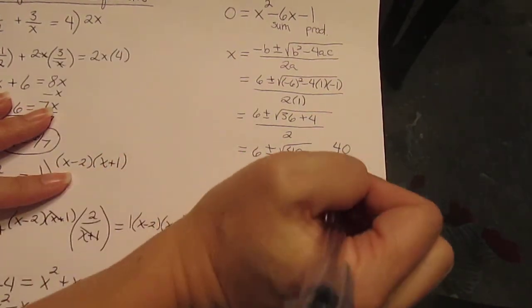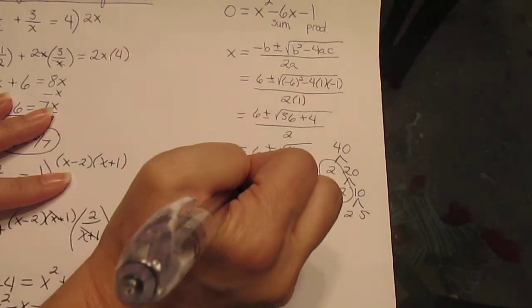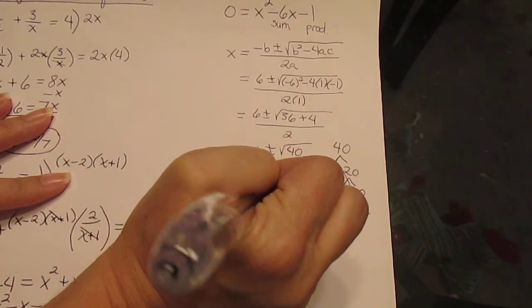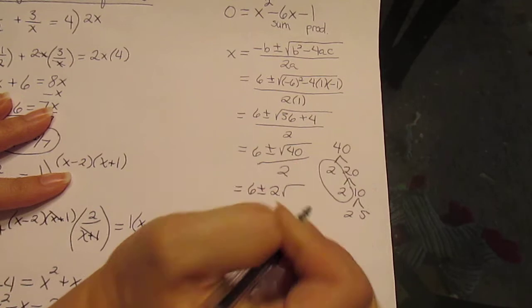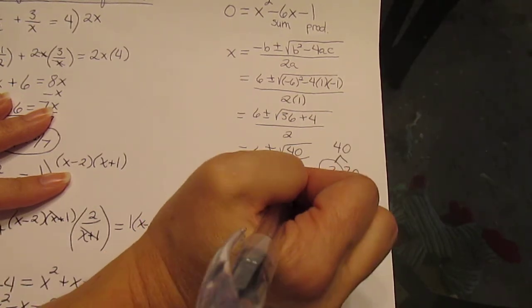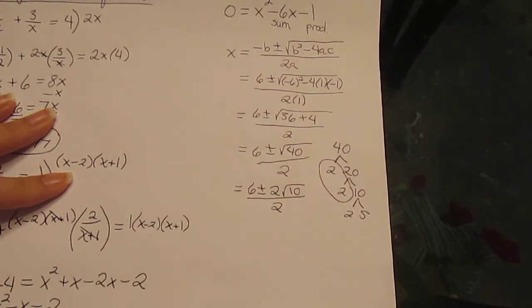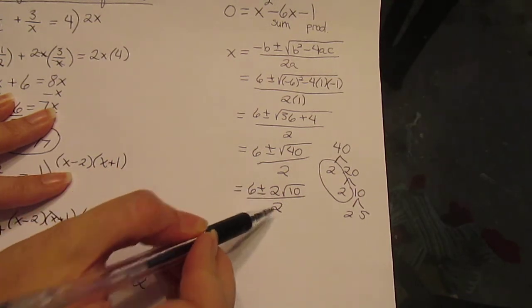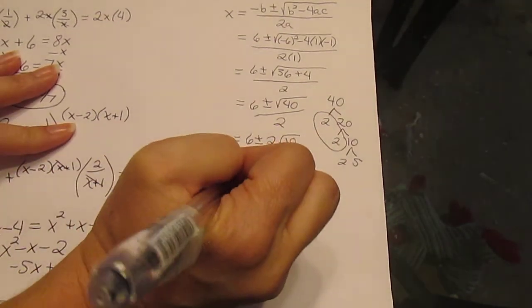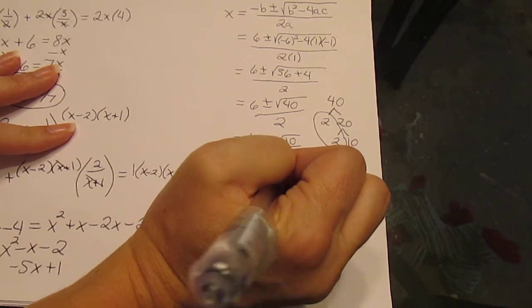Okay, so we've got a pair of 2's, so we can take a 2 out, and there's a 2 and a 5 left over, so that's 10 when you multiply them back together. And finally, we can take a 2 out of all of these terms. So we get 3 plus or minus square root of 10.